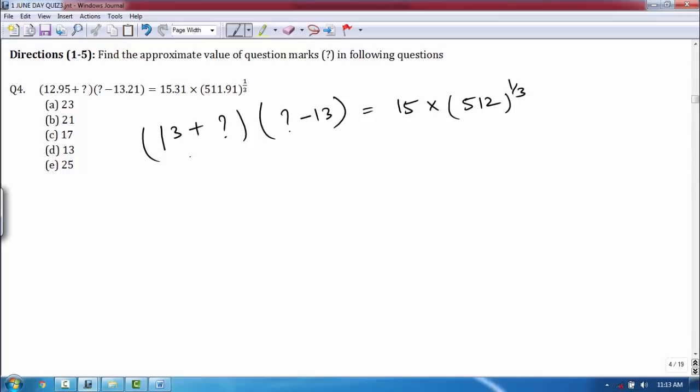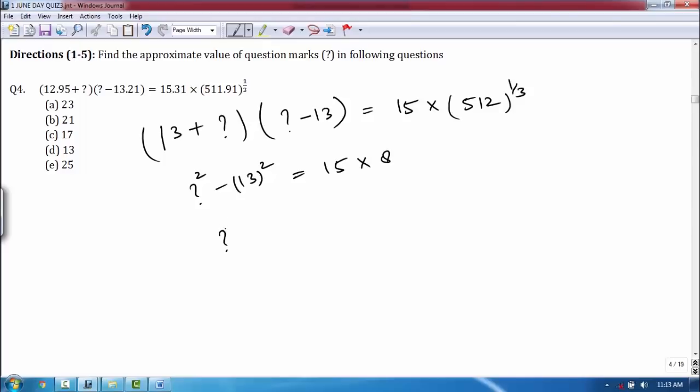So what is a plus b, a minus b? It's a square minus b square. That means we get question mark square minus 13 square is equal to 15 into, what is the cube root of 512? It's 8.